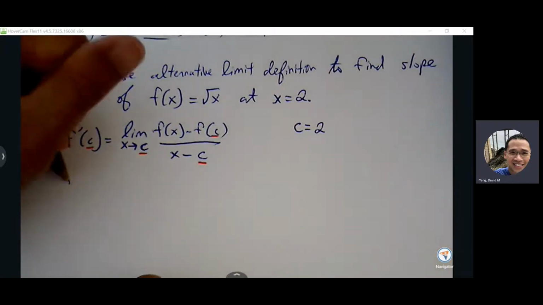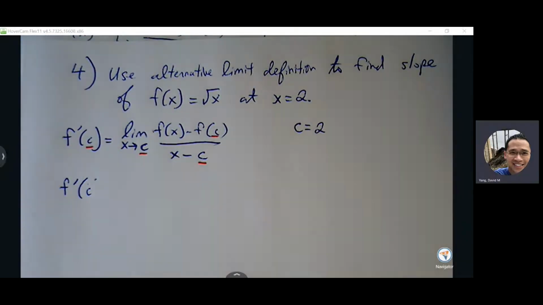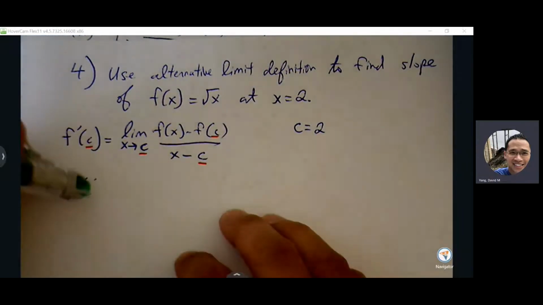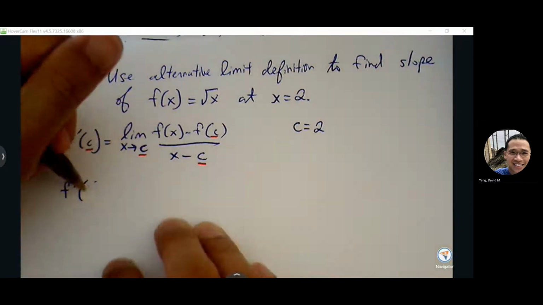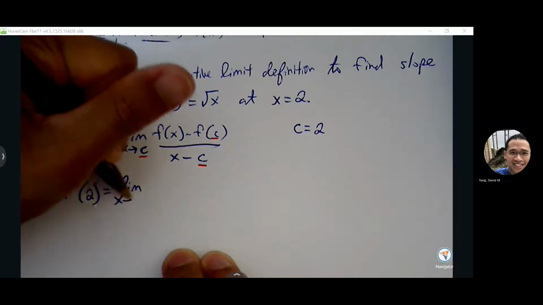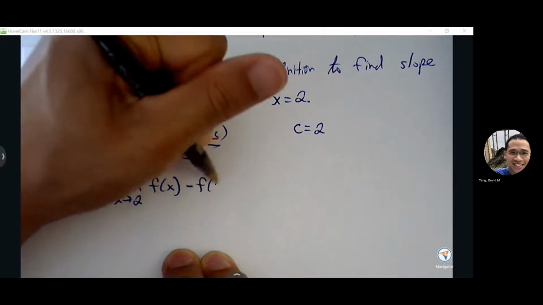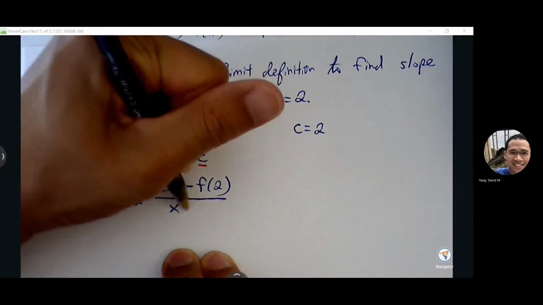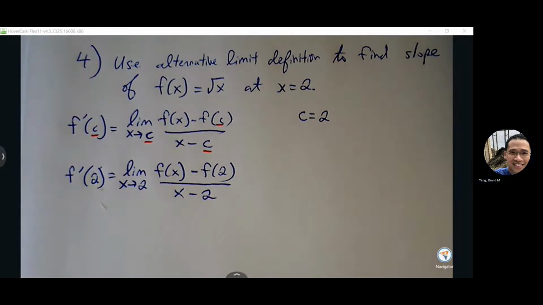So let's go ahead and rewrite the entire problem and replace your c value with 2. Okay, things are beginning to take shape. Fewer variables makes it easier to decipher what's going on.